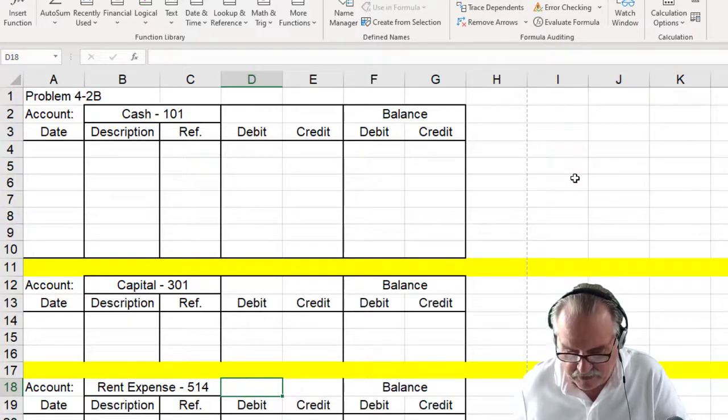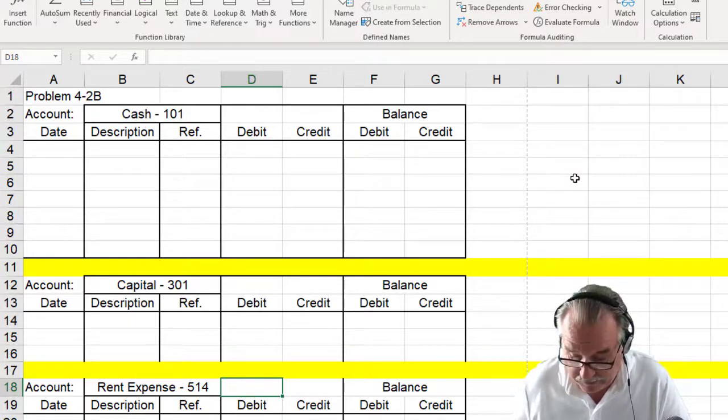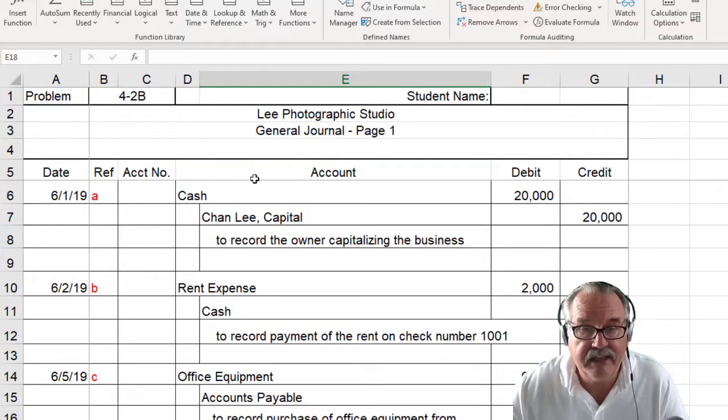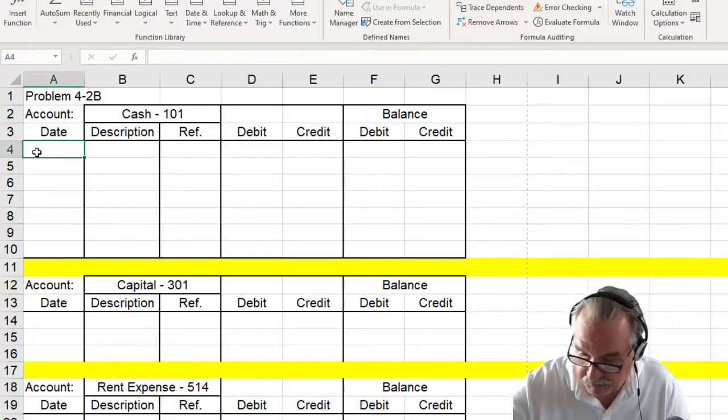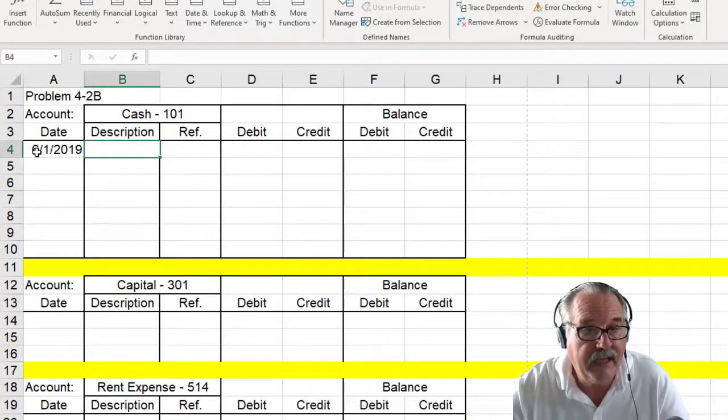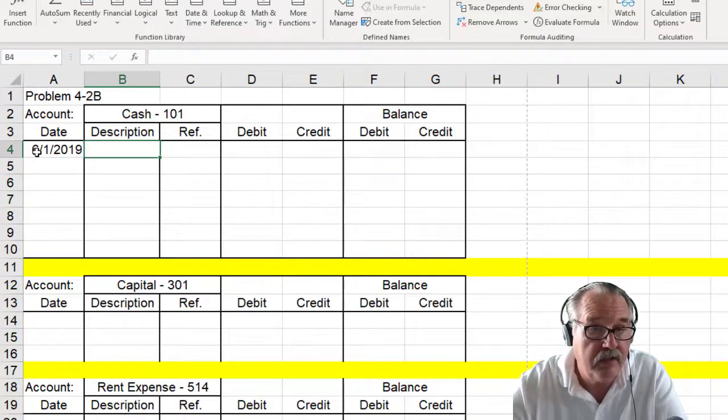So let's take the first transaction. The first transaction is a debit to cash. Let's go back to the journal, a debit to cash and a credit to capital. So I'm going to come over here, and in the date, I will put the date, 6/1/2019.